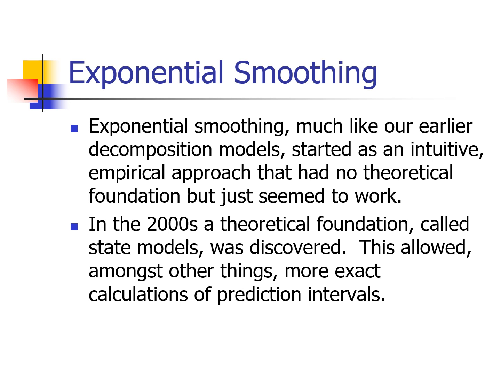So relatively recently, in the 2000s, this theoretical foundation referred to as state models was discovered, and it helped give a grounding to exponential smoothing, and also gave it a more rigorous foundation, which allowed a bunch of things.